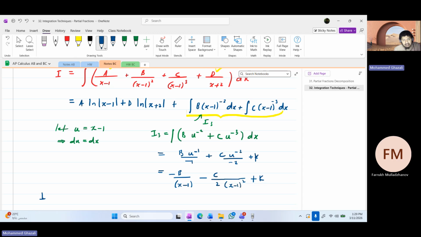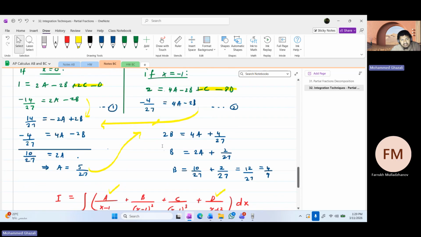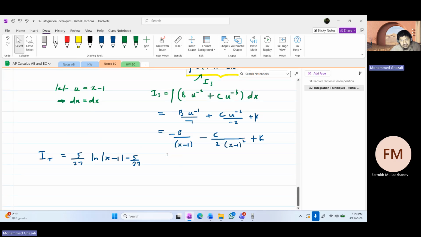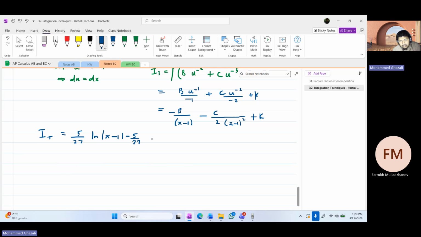So my final answer, the integral total, is A. What was the value of A? 5 out of 27 ln x minus 1 plus what was D? D was minus 5 out of 27 ln x plus 2.